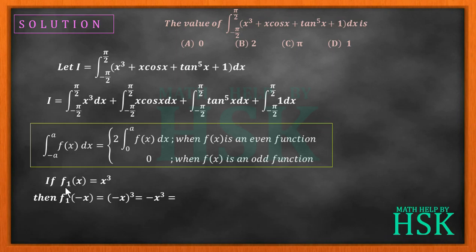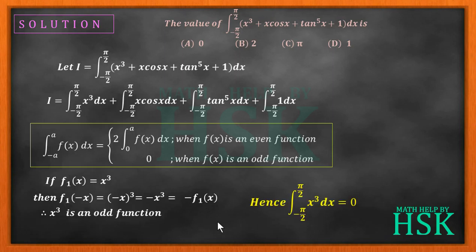So on assuming f1(x) as x cube, I get f1 of minus x is equal to minus x cube, and this can be replaced with minus f1(x). So f1 of minus x is equal to minus f1 of x. This proves that x cube is an odd function. Therefore x cube dx from minus pi by 2 to pi by 2 would be equal to 0.